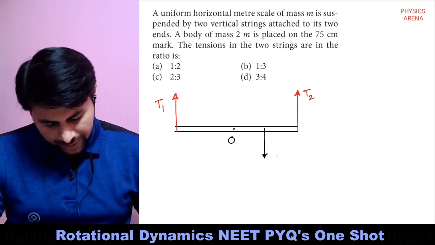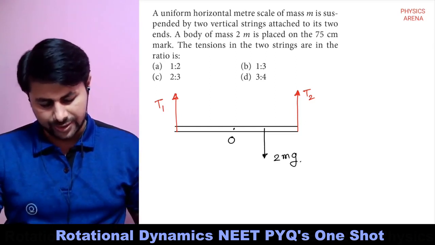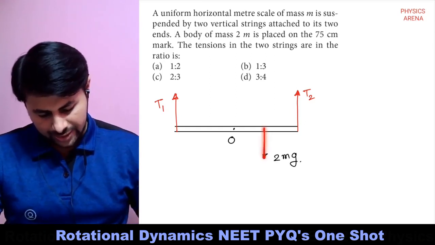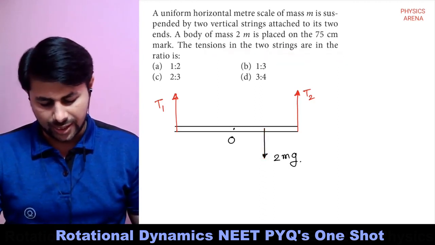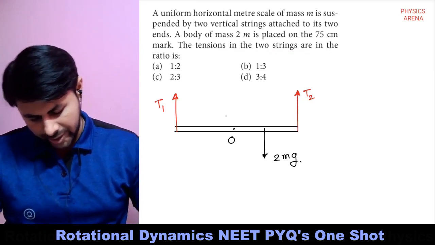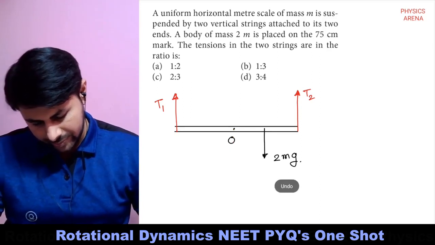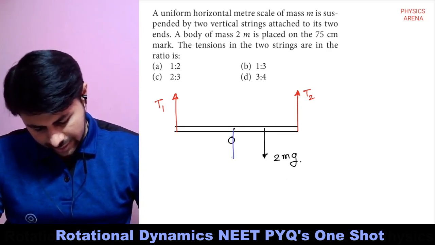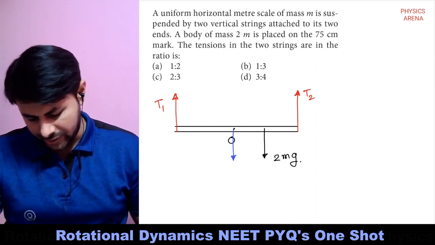So this mass is 2 times m into g, we can say, is the weight acting downwards. Okay, the tensions in the two strings are in the ratio, right? Then there will be the weight of this meter scale acting downwards from this point. So it is mg.